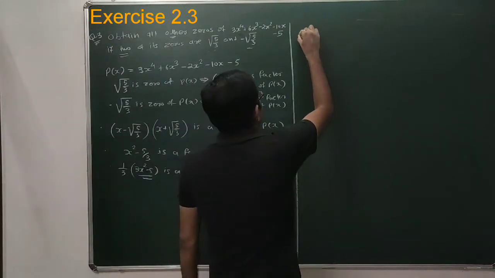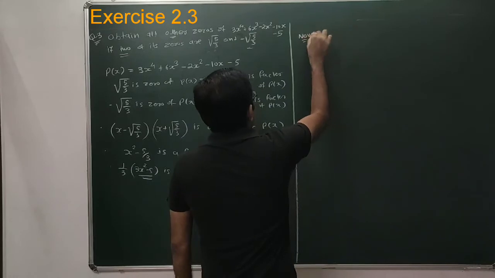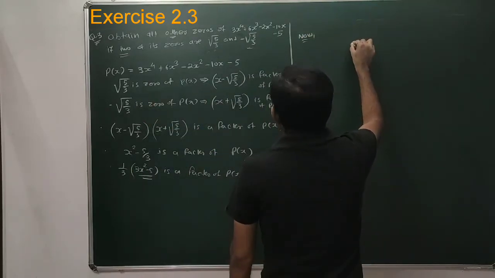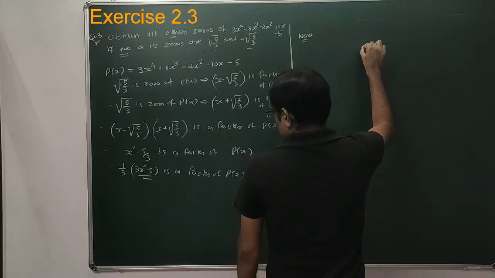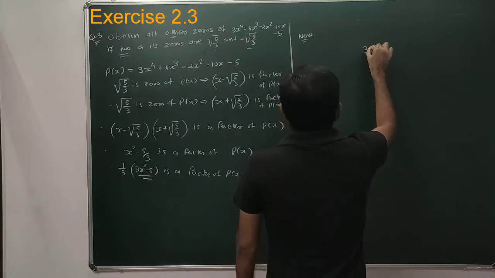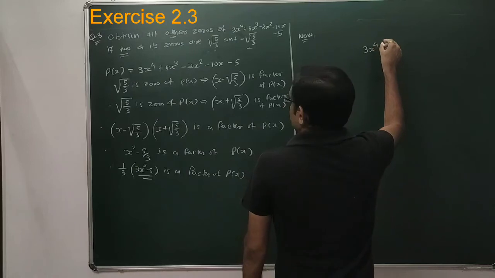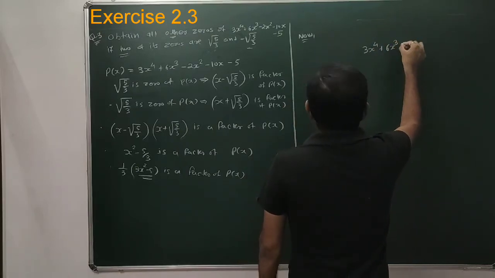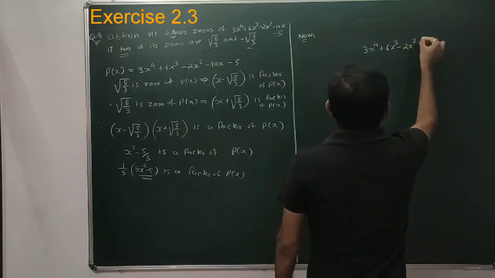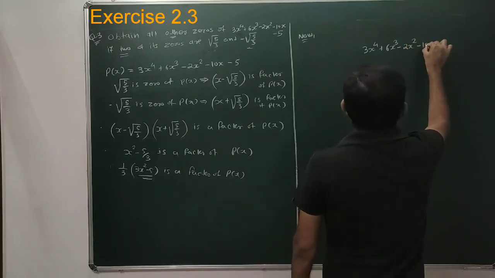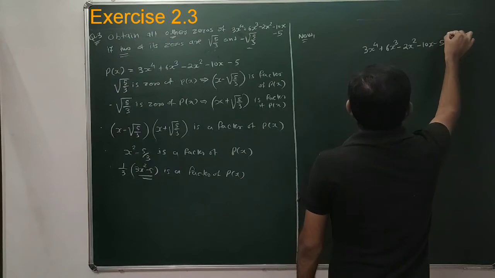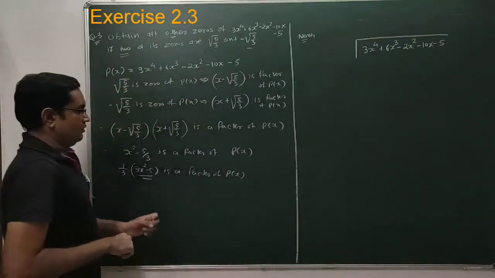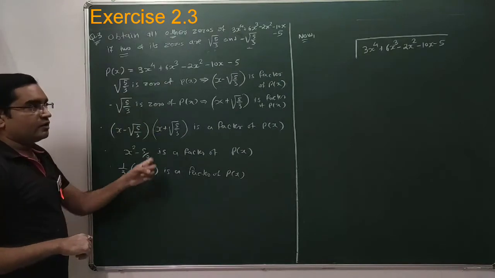So now we have to consider long division of this polynomial, which is 3x raised to 4, already in standard form: 3x raised to 4 plus 6x cube minus 2x square minus 10x minus 5, divided by 3x square minus 5, the factor of the given polynomial.